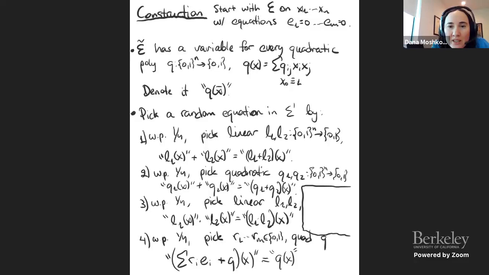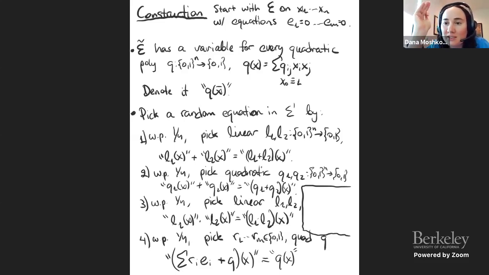How does the variable in E tilde depend on the input X? I understand that there is one variable for each quadratic, but is there also one for each assignment to the variables? No. So we take E, and hopefully E has one assignment to the X's that satisfies all the equations. It may have more, but it should have at least one.